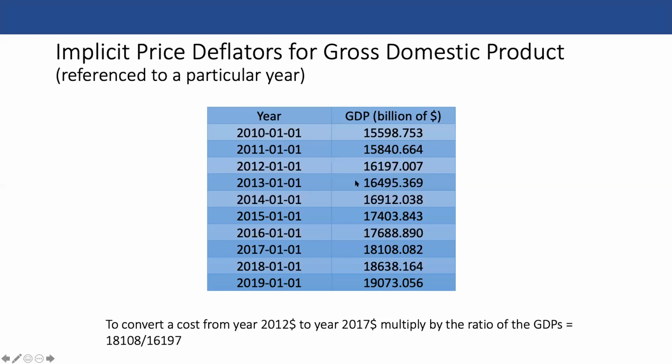These values, I believe, should be in current dollars, and we're converting into constant dollars by taking the ratio of the GDPs, which gives a rough method of figuring out the value of the dollars between years.